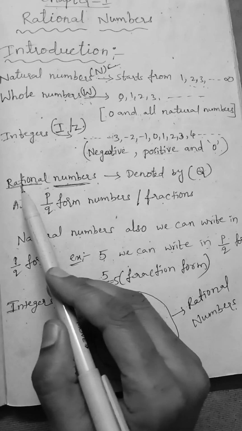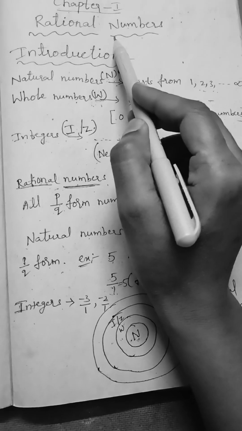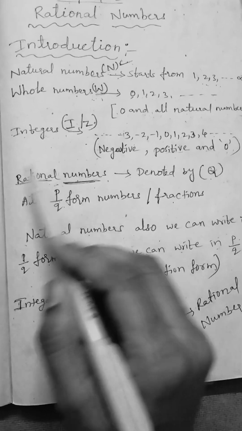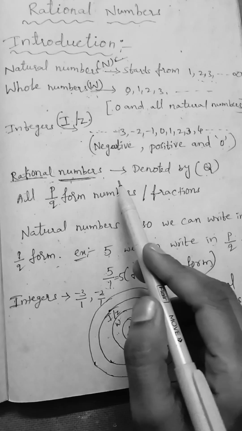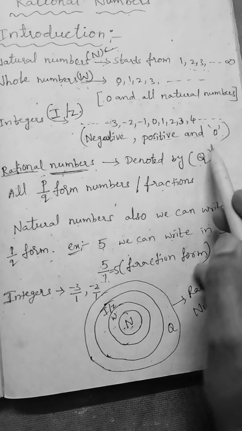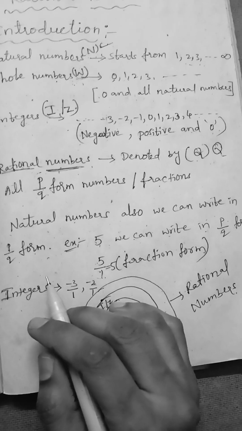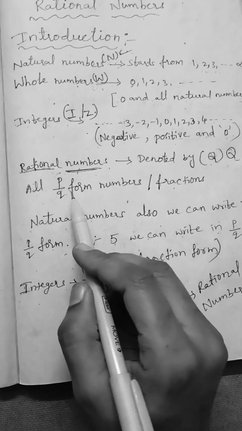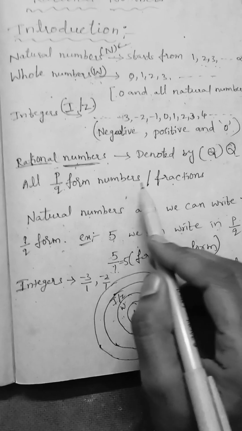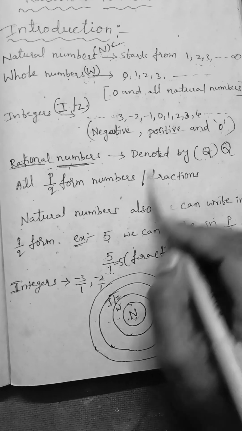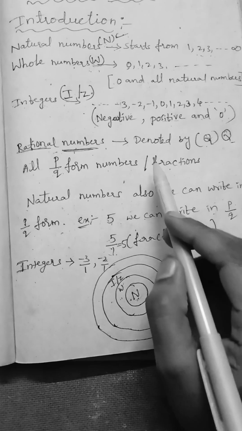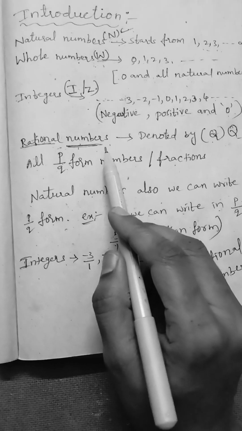Next, rational numbers. Our chapter name is rational numbers. So after that we have to know about rational numbers. Rational numbers are denoted by capital Q. All p by q form numbers, or like a fraction form, are called rational numbers.